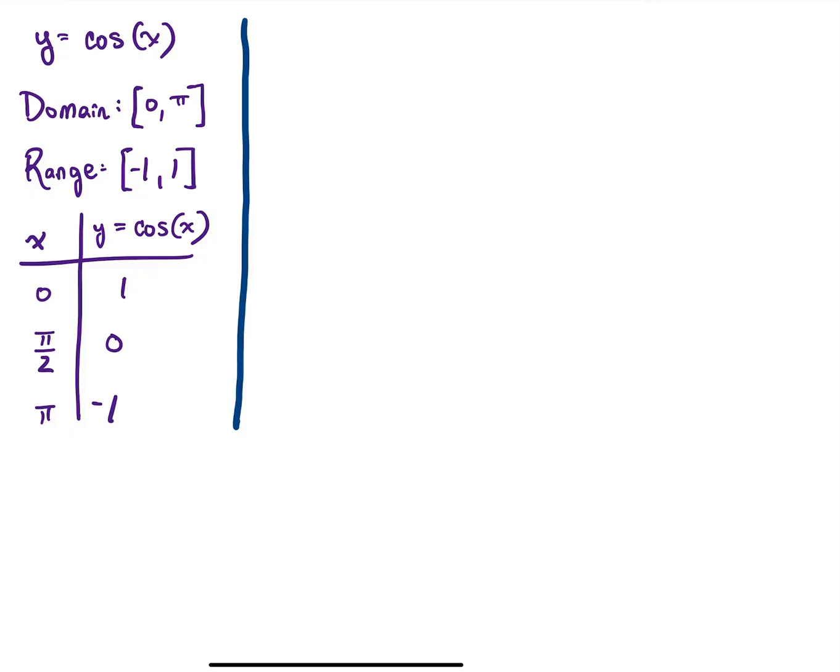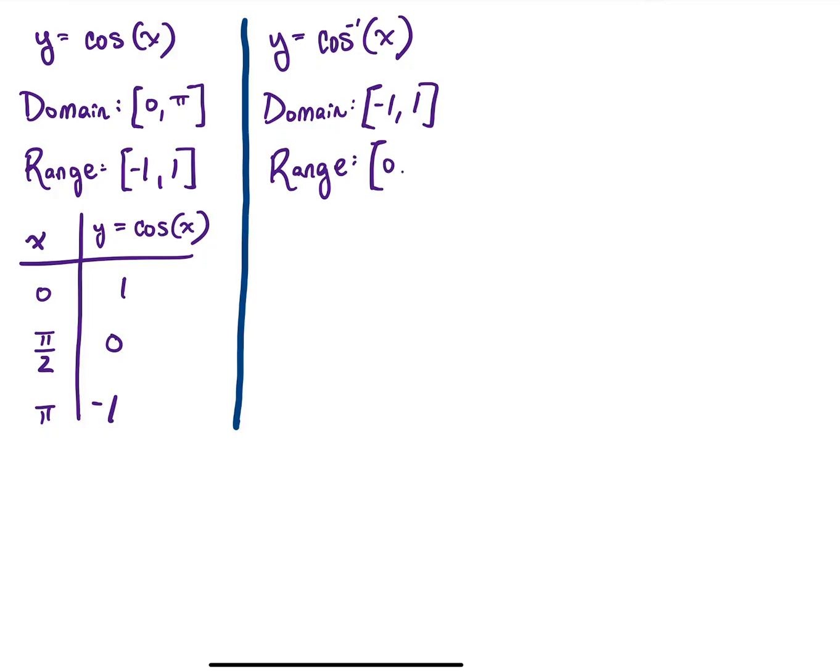So let's consider the inverse cosine. This will have a domain between -1 and +1. And the range will be between 0 and pi. That's our range of allowed output values.